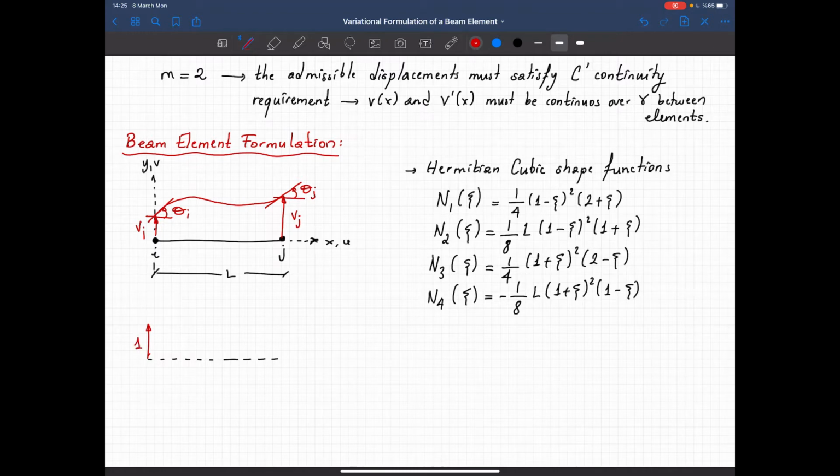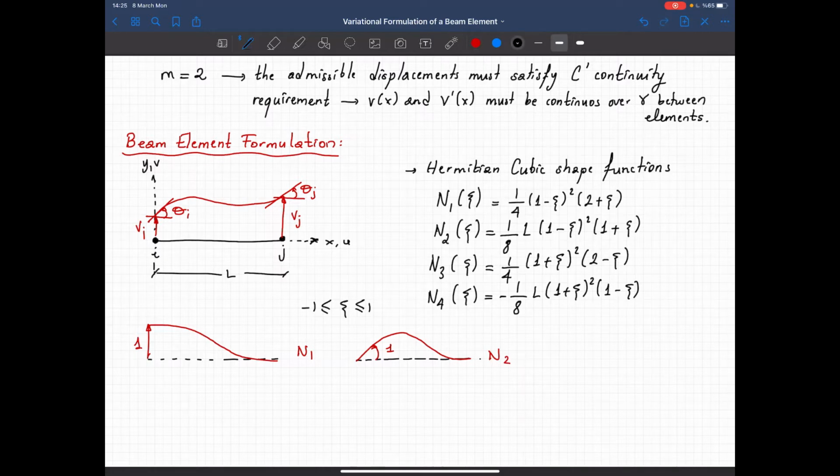This is equal to 1, and the shape will have the following form, and I'm plotting this from minus 1 to 1. So this is the plot of N1. If we plot N2, again within the same interval, we will see a shape like this, and this rotation, or the slope at the beginning, will be equal to 1.